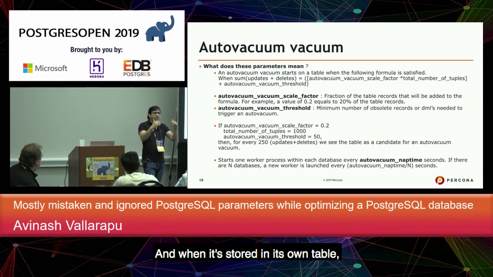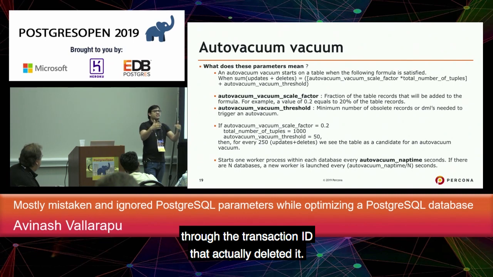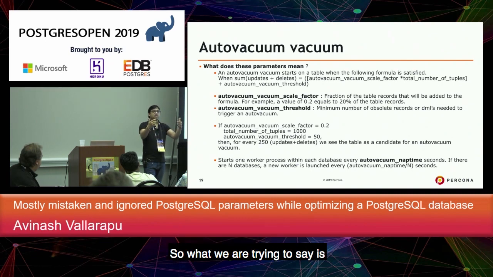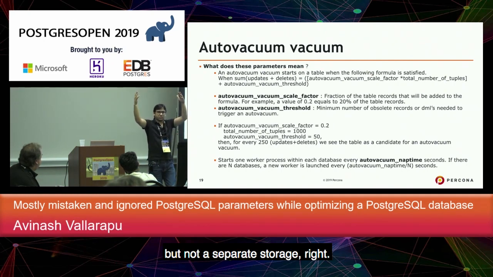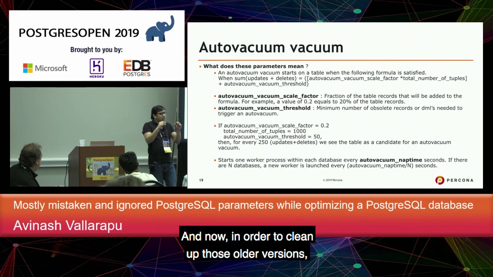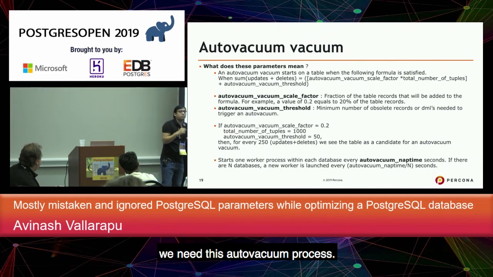And when it's stored in its own table, it's stored as multiple versions, right? Through the transaction ID that actually deleted it. So what we are trying to say is the undo is also stored in its own table, not a separate storage. And now in order to clean up those older versions, we need this AutoVacuum process.